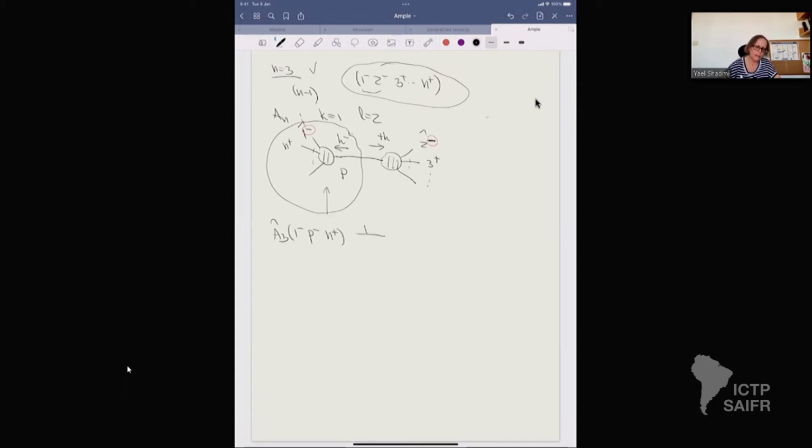Then we have 1 over P, let me just call it big P as before, 1 over P squared times A n minus 1 of p plus 2 minus and all the way up to n minus 1 plus. And then we have to take the same thing where we now exchange them and we have A n minus 1 on the left and A3 on the right.